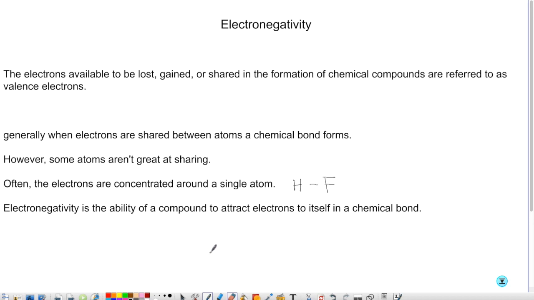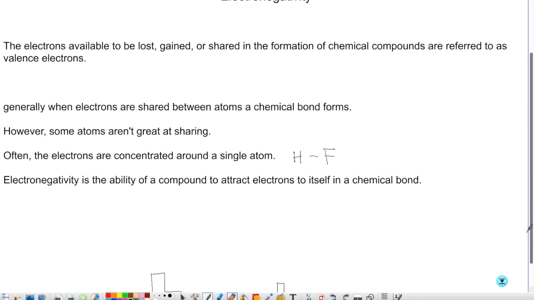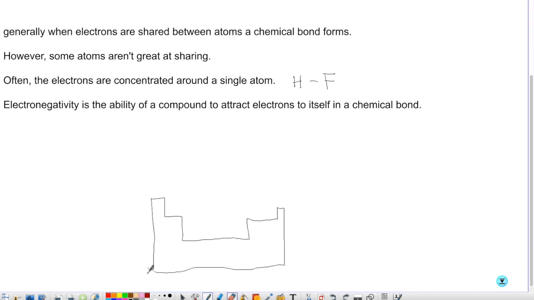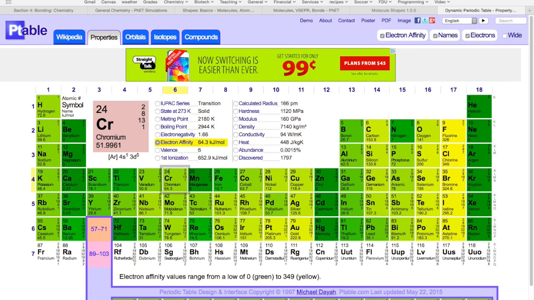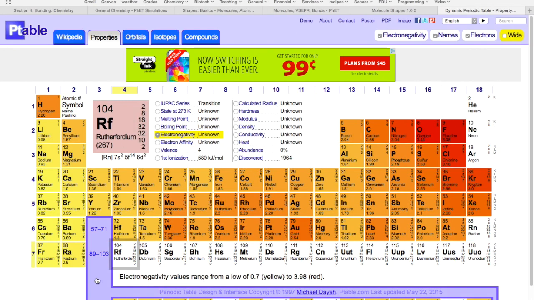Okay? So this has kind of a weird scale, but in general it just increases going this way. And the thing that you really, really have to keep in mind here is, let's find the periodic table, let's find electronegativity, okay, it increases as you reach the top right. So fluorine has the highest electronegativity.